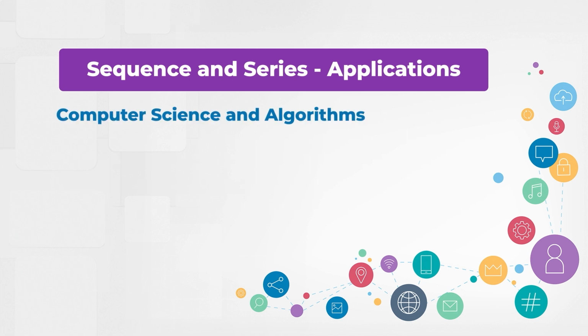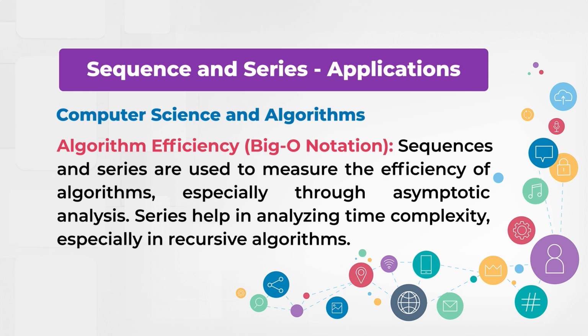So far as computer science and algorithms are concerned, algorithmic efficiency and big O notation frequently use the concept of sequence and series, wherein sequence and series are used to measure the efficiency of an algorithm, especially through asymptotic analysis, wherein the series helps in analyzing time complexity, especially in recursive algorithms.